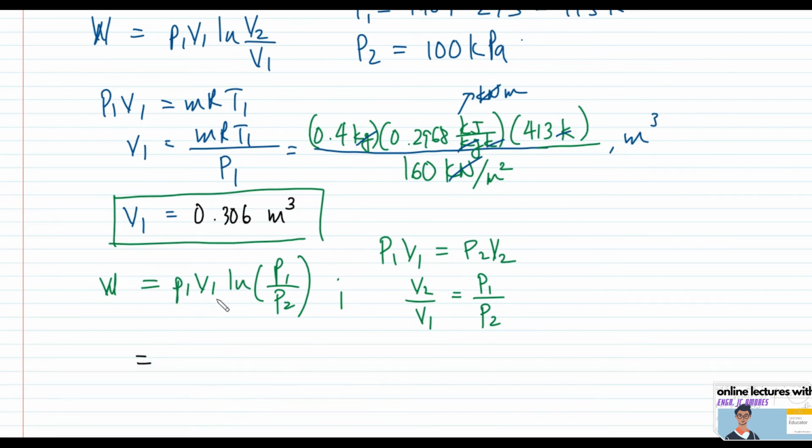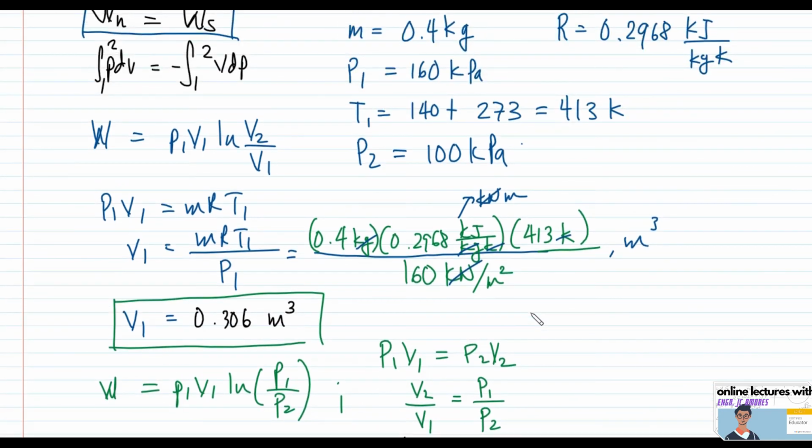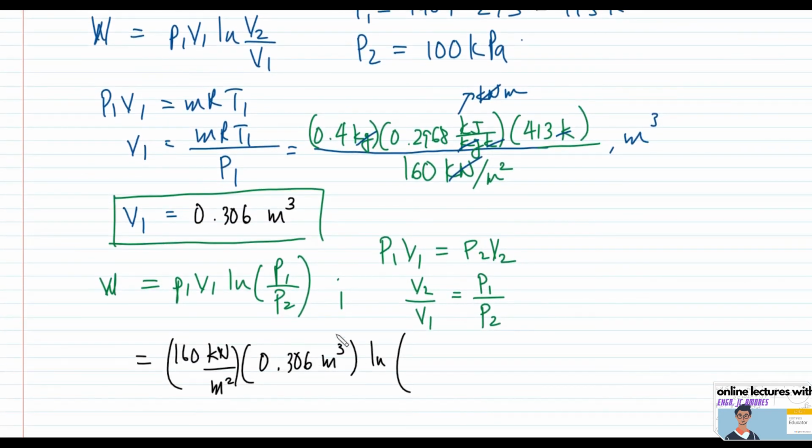So for pressure 1, we have 160 kilopascals, which is again kilonewton per square meter. And then V1, 0.306 cubic meter. And then the natural logarithm of 160 over 100.